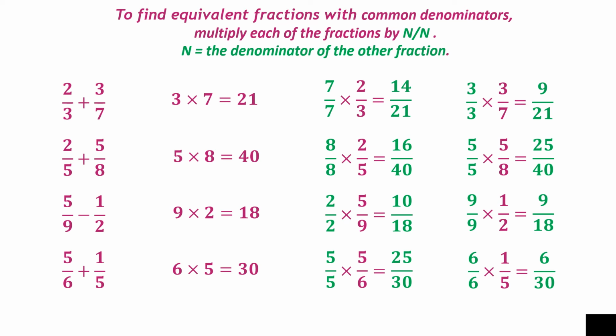Suppose we want to subtract 1/2 from 5/9. Multiplying 9 and 2 together, we find that a common denominator could be 18. We'll multiply 5/9 by 1 in the form of 2 halves, and find the equivalent fraction, 10/18.